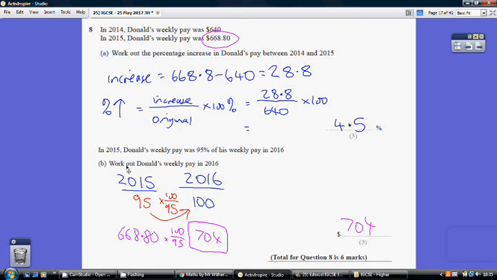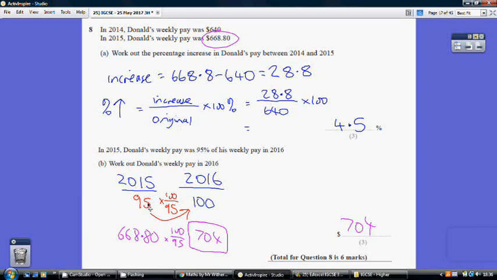Now for part B, we're told that Donald's weekly pay was 95% in 2015 compared to 2016. So let's gather our thoughts here. 2015, 2016, 100% of our weekly pay was in 2016, 95% was in 2015, and we know that our 2015 salary was 668.80, so pop this into the 2015 column.